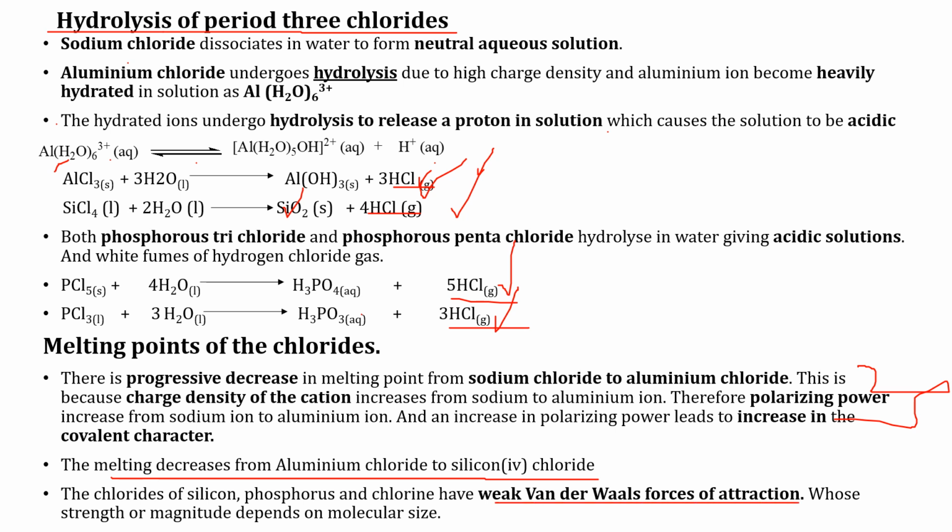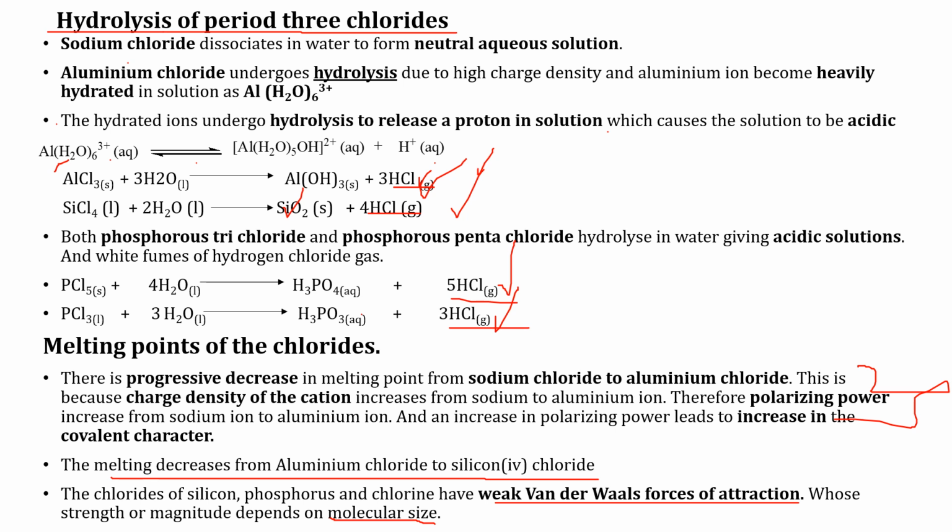In turn, the strength or magnitude of van der Waals forces of attraction is always dependent on the molecular size. That's why, for the larger molecule in terms of molecular weight, you calculate the molecular mass the way you used to calculate it at A level.